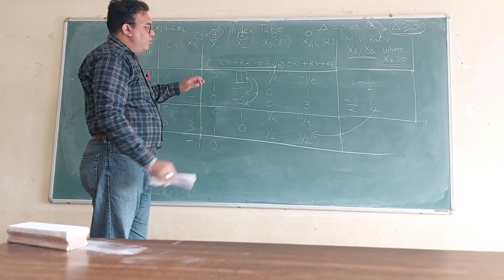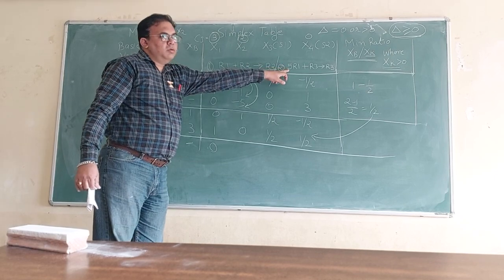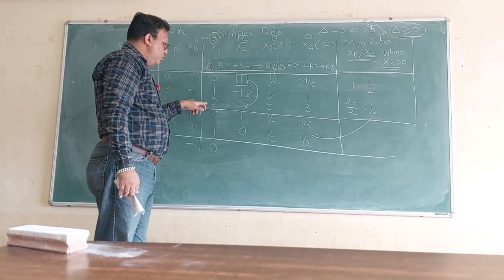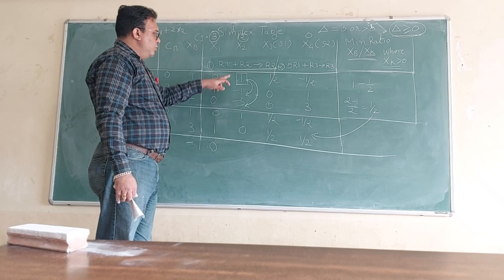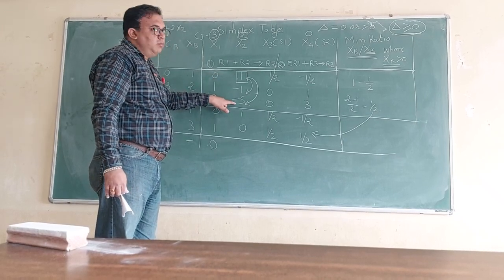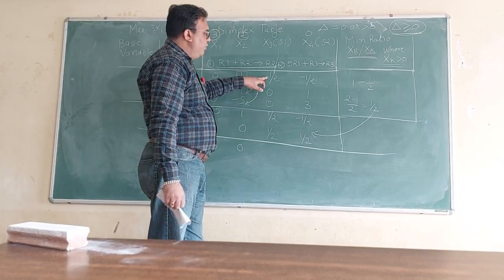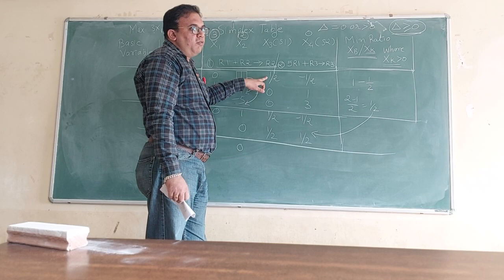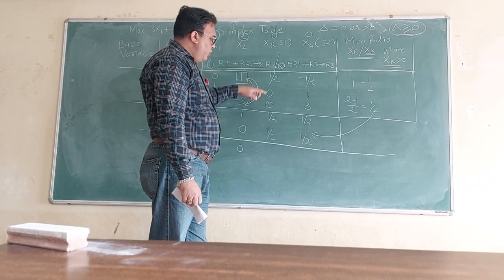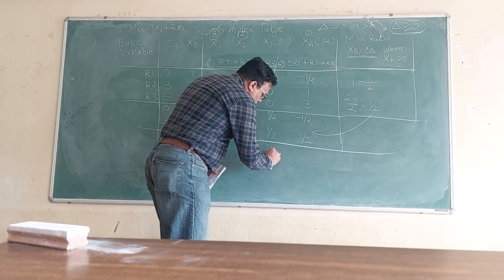I repeat one more time. 0 into 5, 0 plus 0, so 0. 1 into 5, 5 plus minus 5, so 0. Half into 5 means 5 by 2. 5 by 2 plus 0, so 5 by 2.